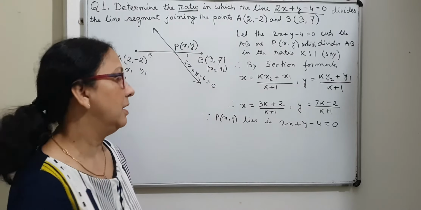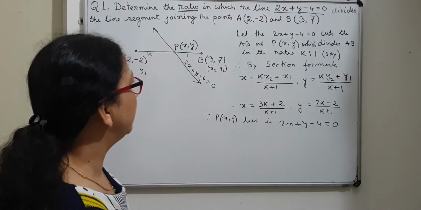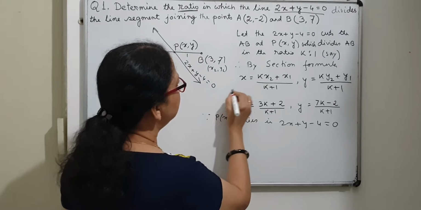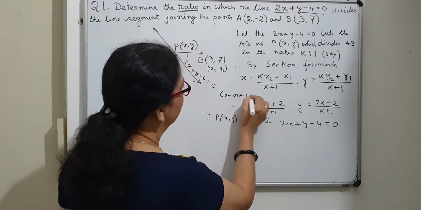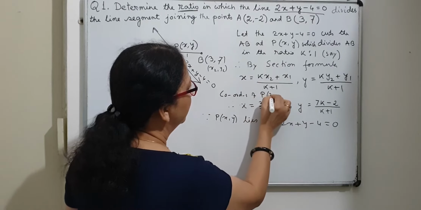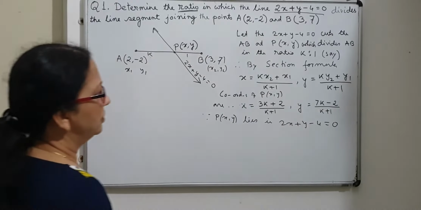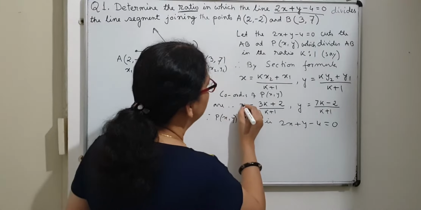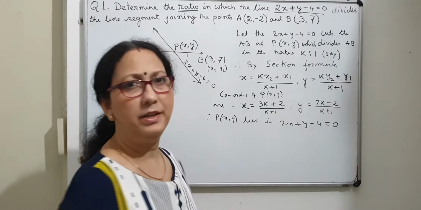That is the main thing. These are the coordinates of the point P. Let me write down here: by section formula, coordinates of point P are these. So since P lies on this line, its coordinates will satisfy this equation.